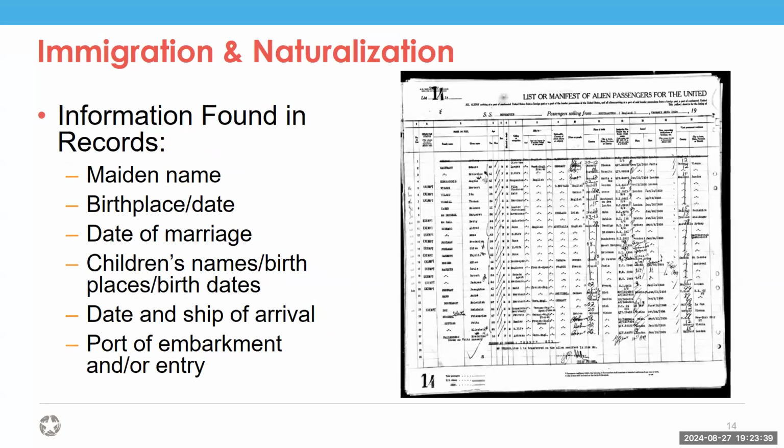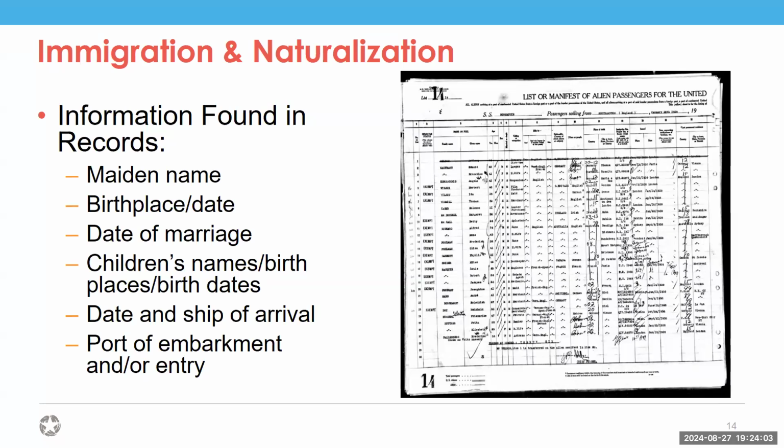So sometimes your passenger lists or manifests are going to look very similar to a census record and contain a lot of the same sort of information, including maiden names, birthplace, birth date, date of marriage. If they were traveling with their children, their children's names and birthplaces and birth dates.